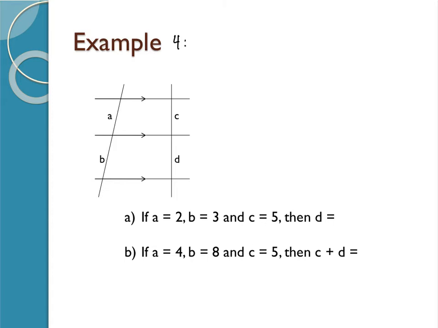If A is 2, B is equal to 3, and C is equal to 5, then D is equal to what? 6. What's the proportion we can set up? 2 over 3 is equal to 5 over x.